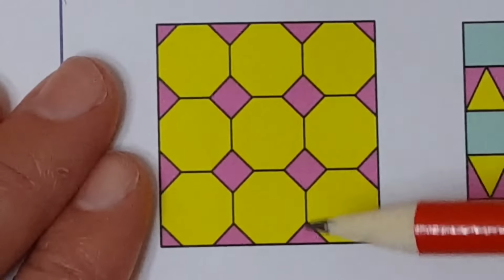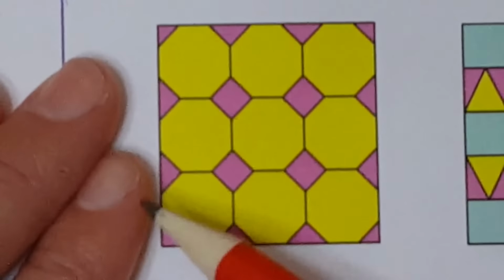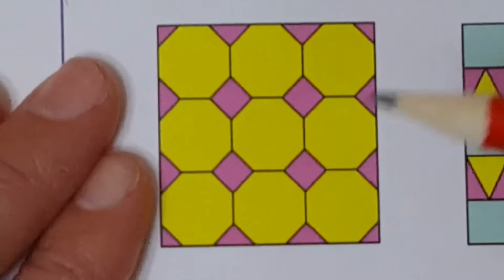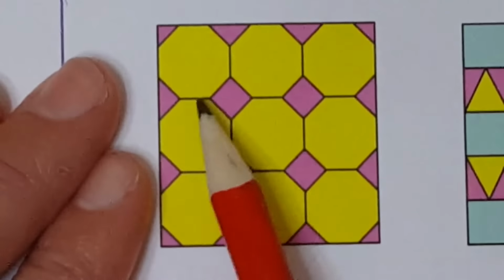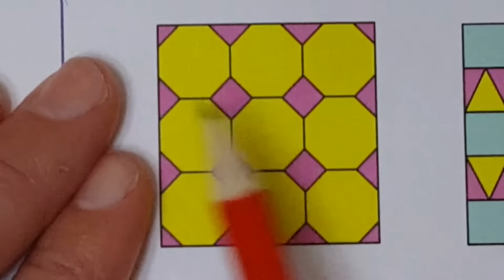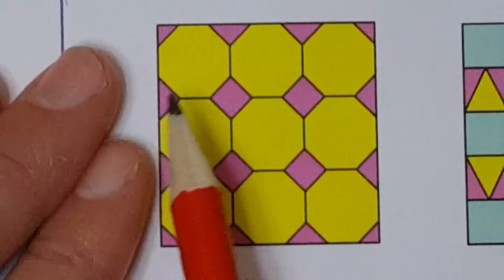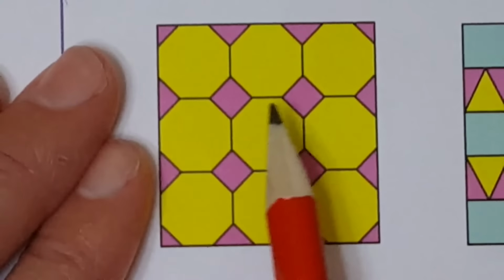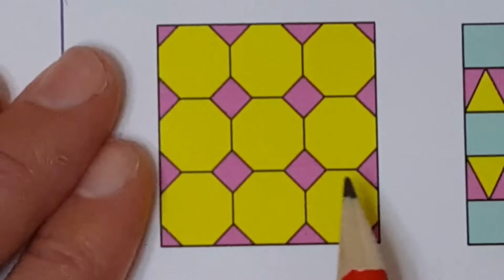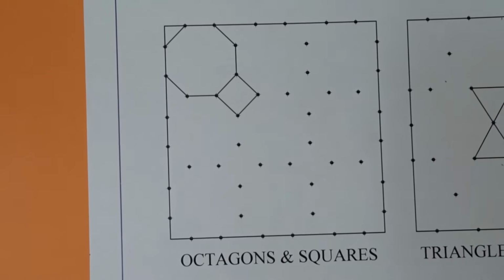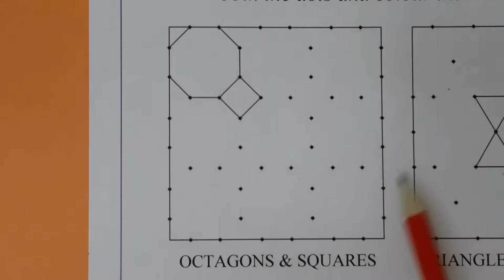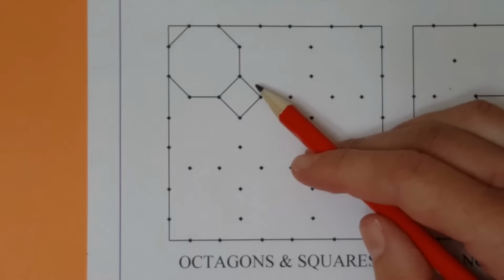Again, we have vertical lines and horizontal lines. And then we have lines going from left to right downwards as well. Again, at 45 degrees. Okay, now let's start with our octagons and squares tessellation.